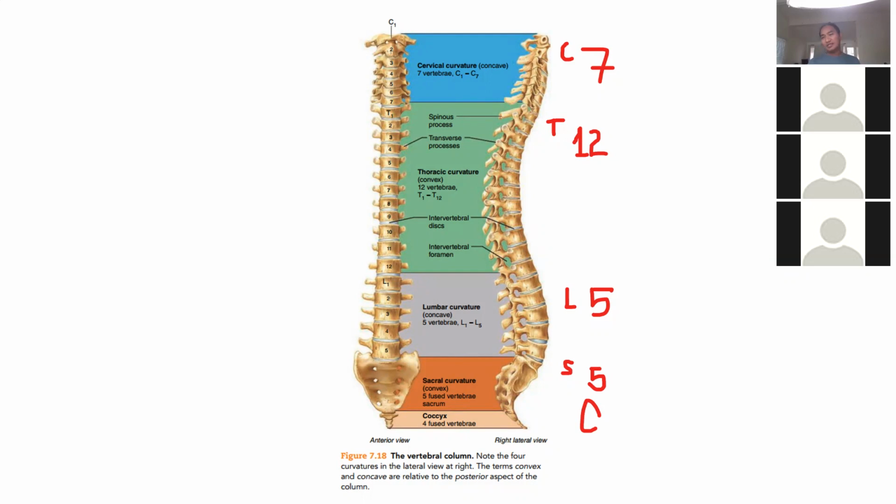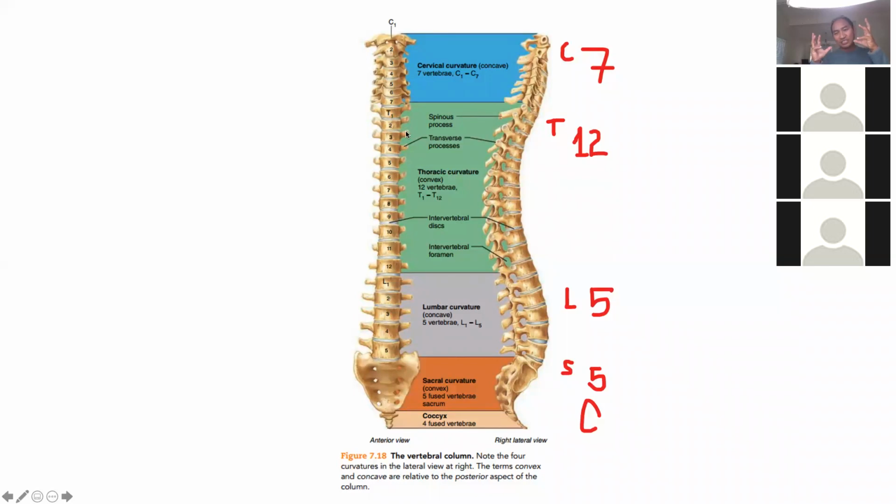It is movement, isn't it? We look this side, we look that side, we look up, we look down. So the main job of the cervical spine is movement. So the design of the cervical vertebra will be different from the rest of the spine.